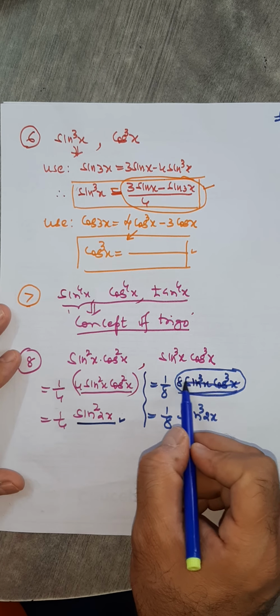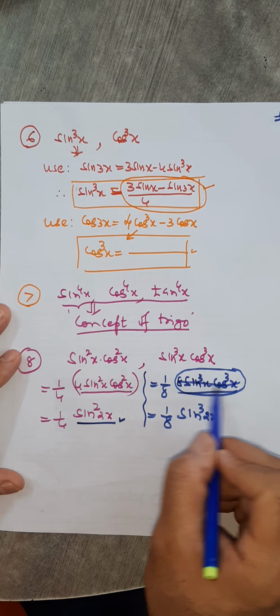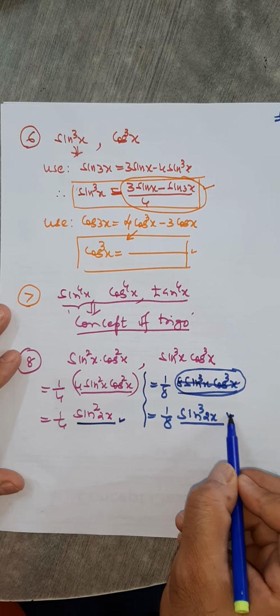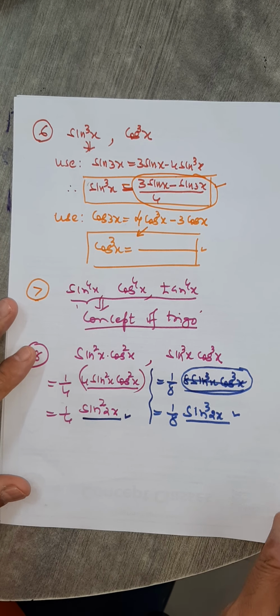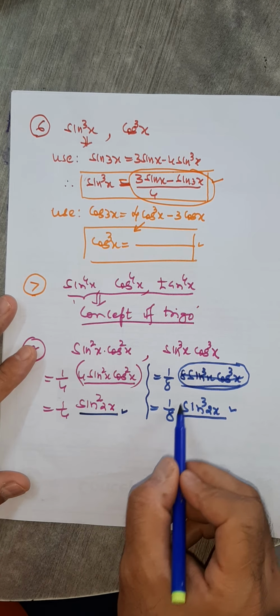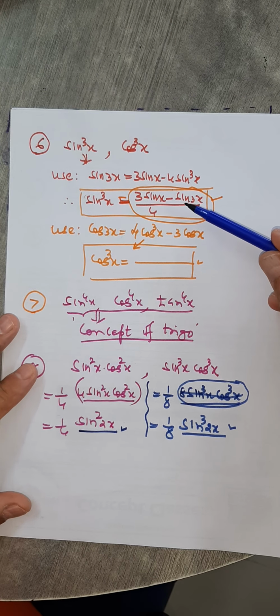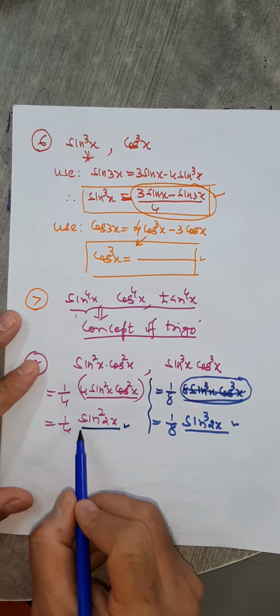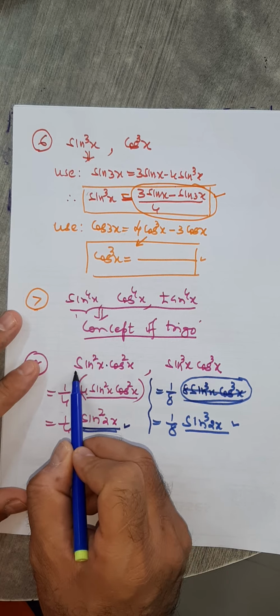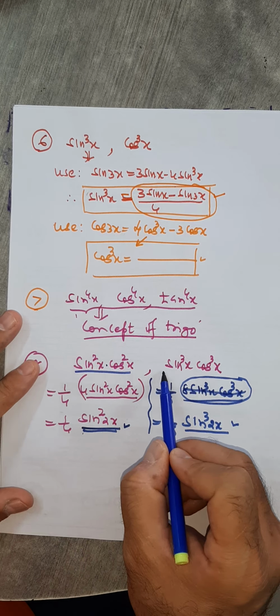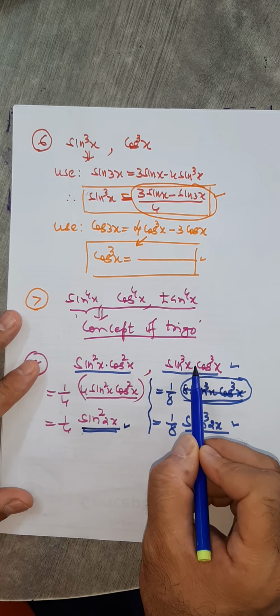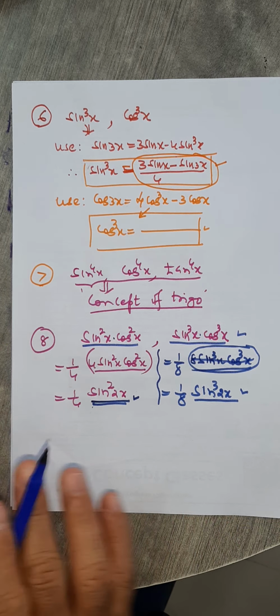This is nothing but, if I write 2 raised to 3, this is sine 2x. I'm not getting into this. This is 11th standard trigo. Now how do I integrate sine cube? Using this. So this way, if you have sine square into cos square, multiply and divide by 4. If you have sine cube into cos cube, multiply and divide by 8.